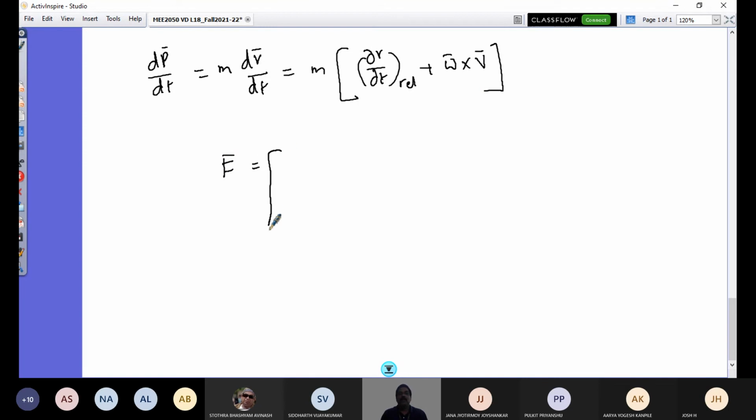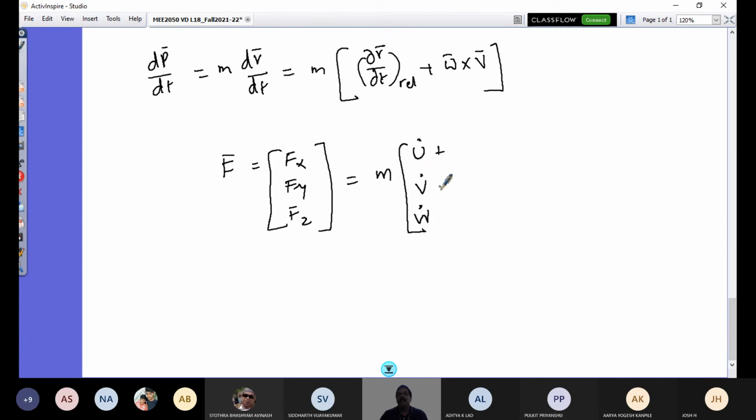I'll write it now in a column format so that you'll have the respective equations fx, fy, fz readily. That's going to be fx, fy, fz, the 3 components of this force vector at the CG location of the body, and that would be mass times. Now, what is the first vector? V vector, the derivative of the v vector. So the derivative of the v vector is what? It's u dot, v dot, and w dot, and plus terms are there.